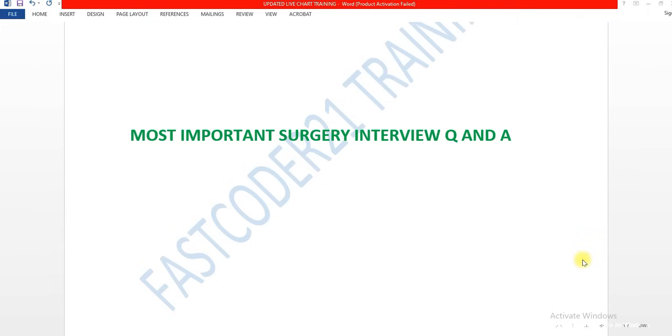Here also one more. What is the difference between tissue expander and breast implant? A tissue expander is only for temporary purpose. During the mastectomy procedure, as all of us know, the physician will remove the breast tissue, correct?